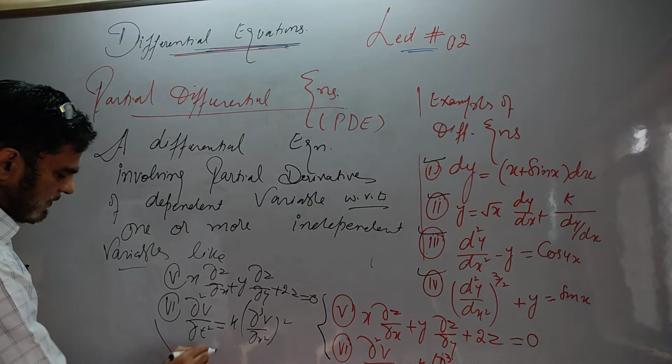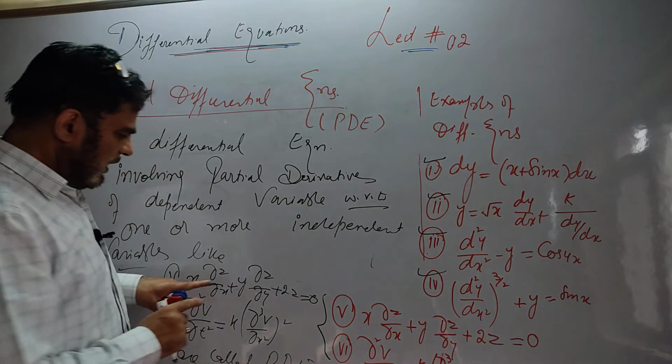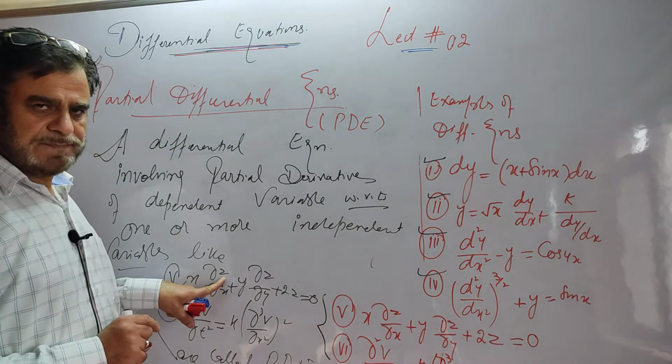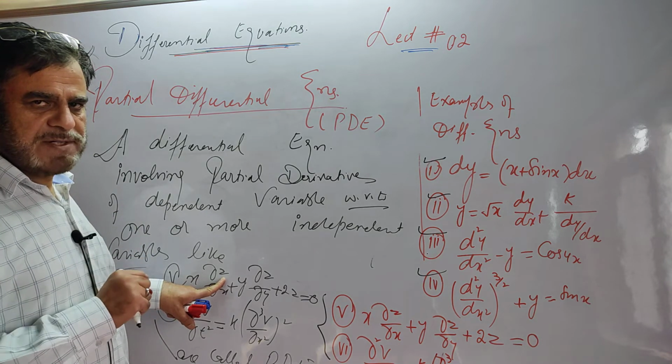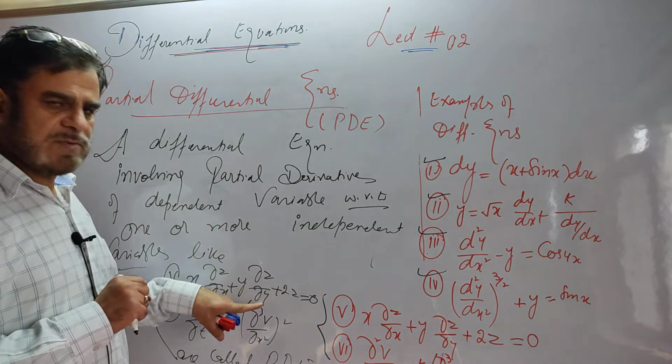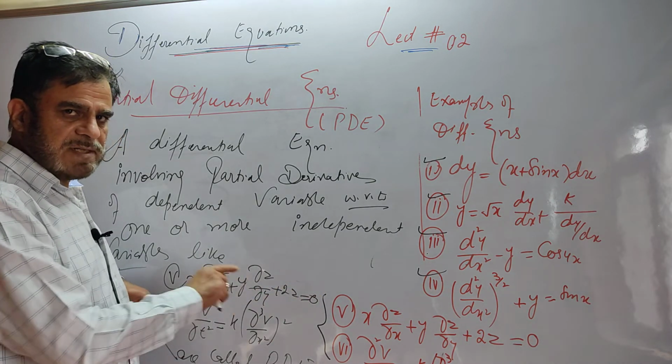These are called partial differential equations. You see, you have here the dependent variable z, whereas you are finding partial derivatives with respect to x and with respect to y. So this differential equation also involves derivatives, but partial derivatives.